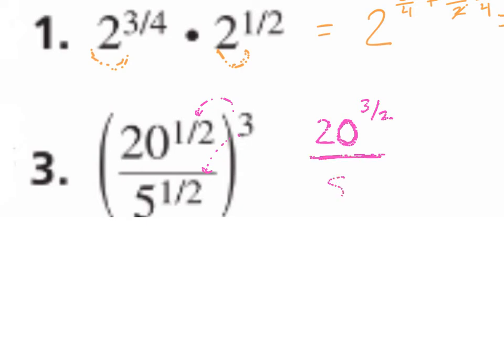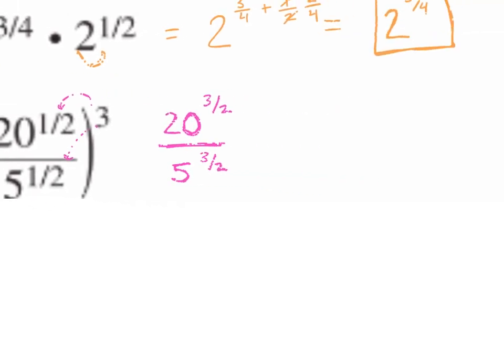Yeah. What can we do? We can take out the 3/2 and put it on the outside. So 20 over 5, and that 3/2 goes on the outside. Can we simplify 20 over 5? Yeah. To what? 4. 4 and 3/2.